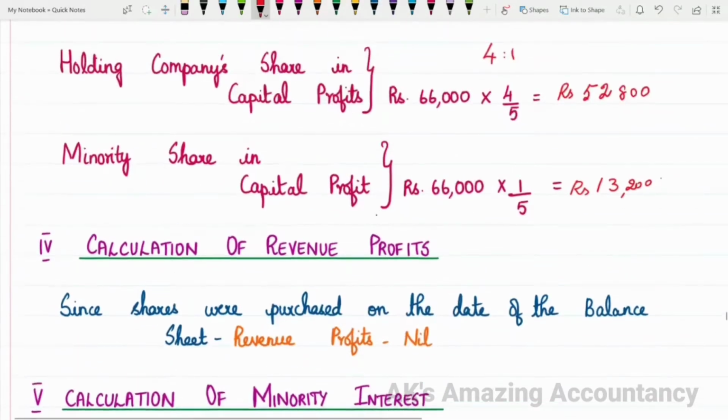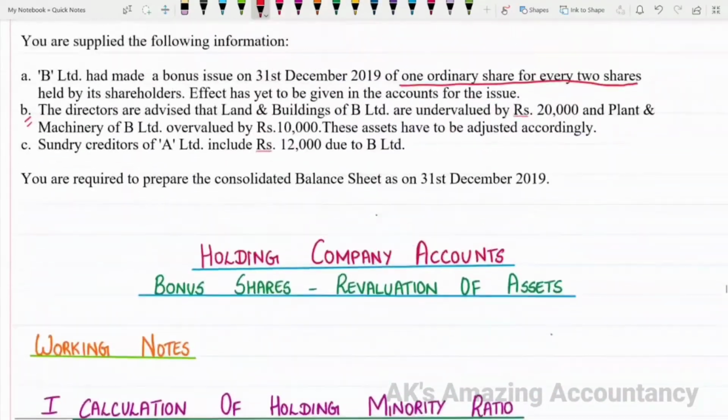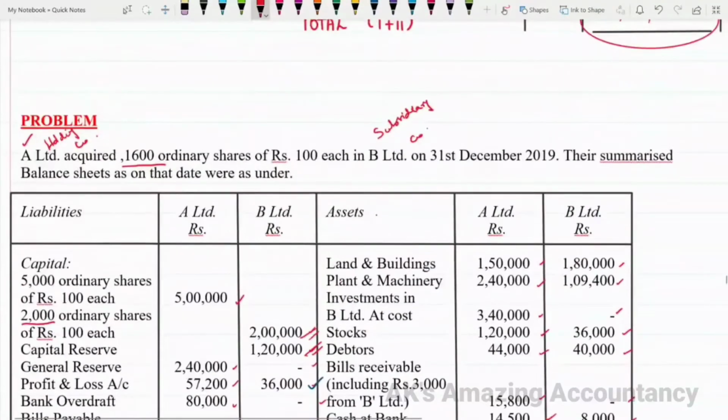You can see the problem for this again. Have a look at the information given in the problem. The problem tells you A Limited acquired 1,600 shares of rupees 100 each in B Limited on 31st December 2019, and their summarized balance sheet on that date were as under. Okay, so on the same date of acquisition your balance sheet is given.